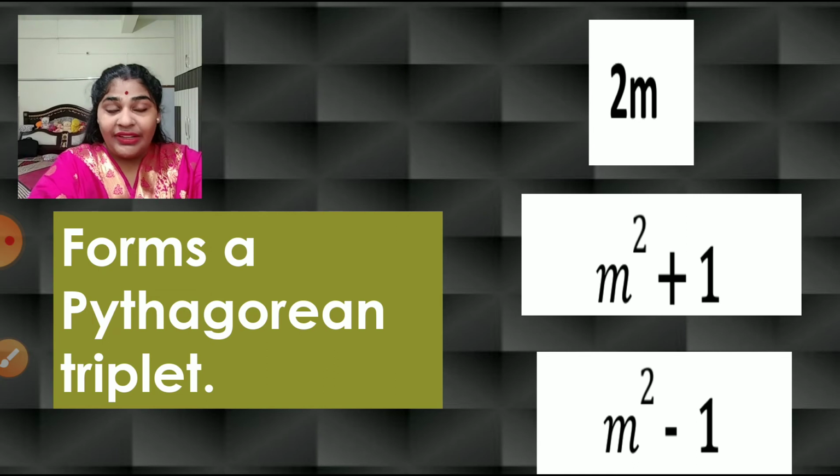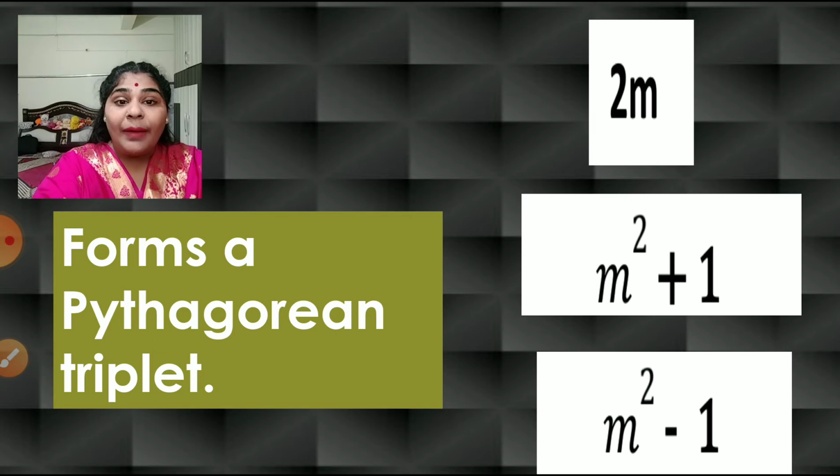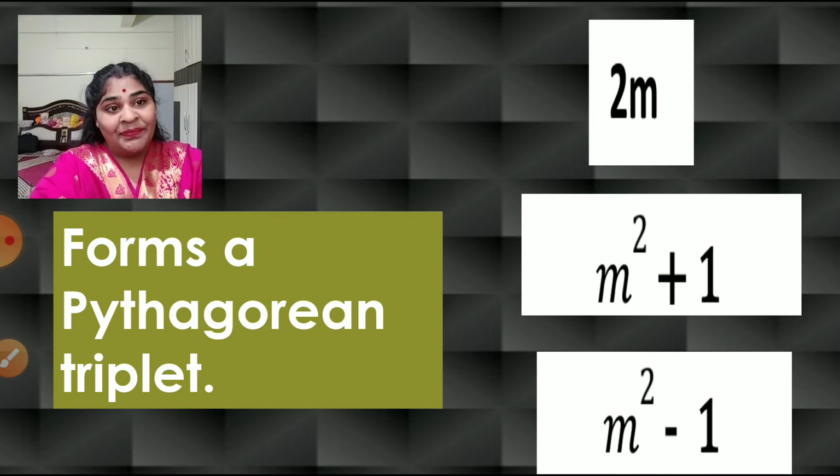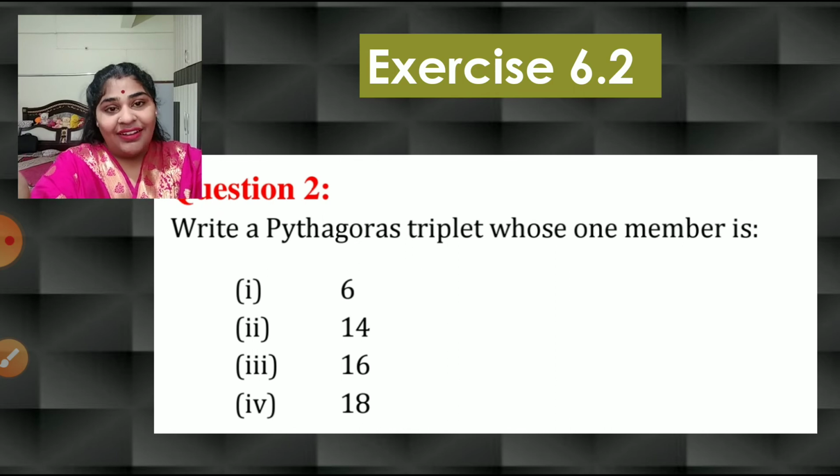This is very important to understand, children. Again I'll repeat: 2m, m square minus 1 and m square plus 1 form a Pythagorean triplet. Now let us see how to use this to find the other two numbers when one member of a triplet is given to you.